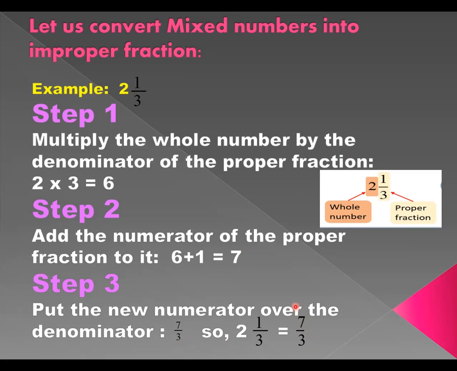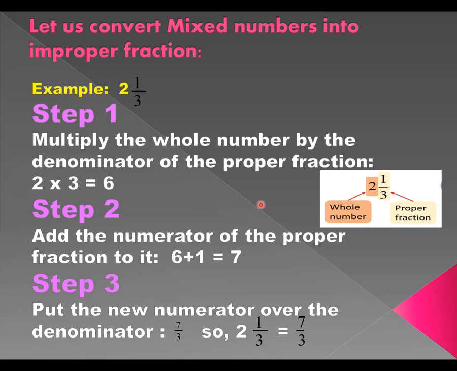I'm going to repeat the steps again. The whole part over here is 2 and the proper fraction is 1 upon 3. For converting the mixed fraction into an improper fraction, we have to follow some steps. The first step is that the whole part is going to multiply with your denominator. So 3 2s are 6, I got.